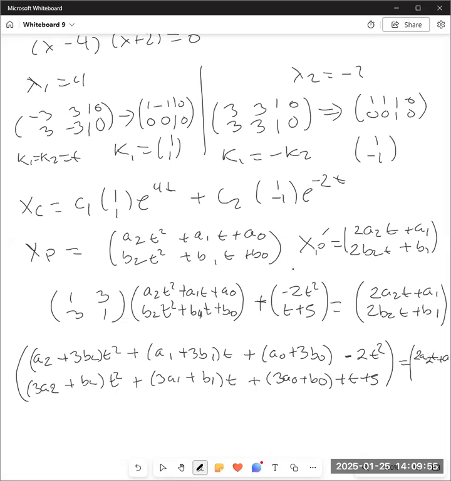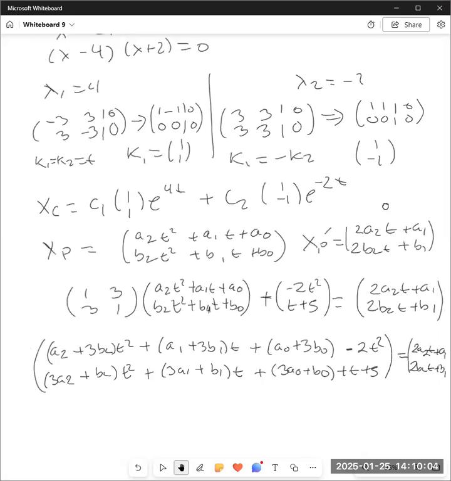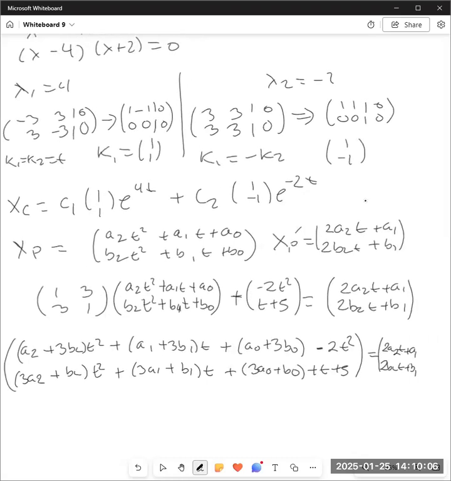2a2t plus a1, 2b2t plus b1, and we'll simplify that down a little bit.